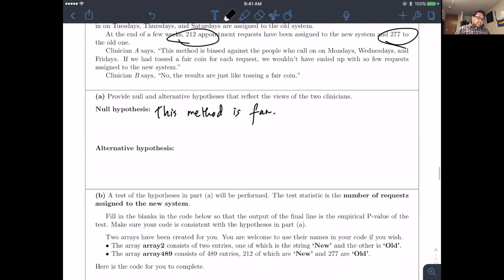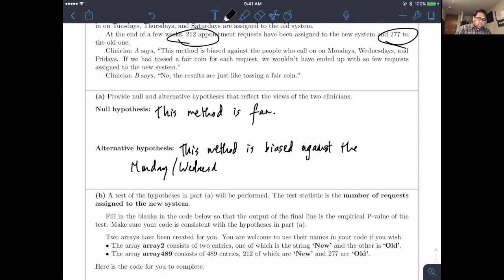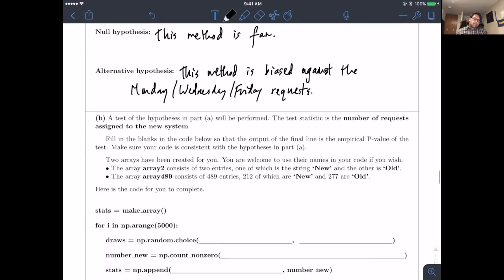So the alternative hypothesis is this method is biased against the Monday, Wednesday, Friday requests. Right, well, this is what clinician A is claiming.